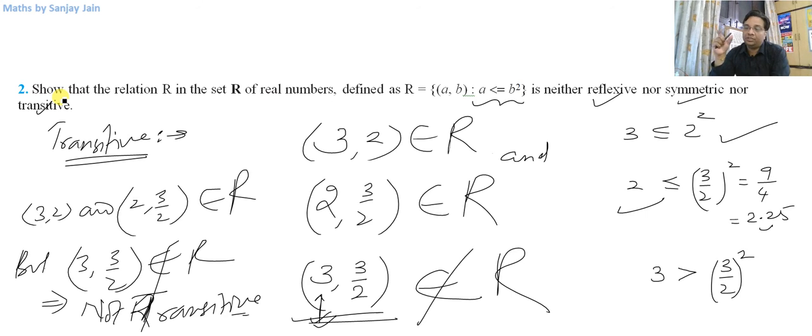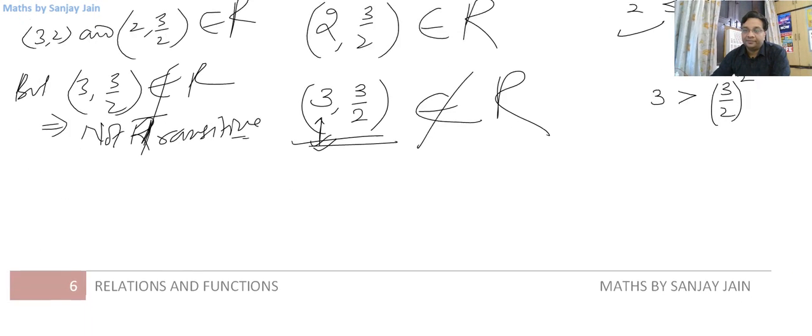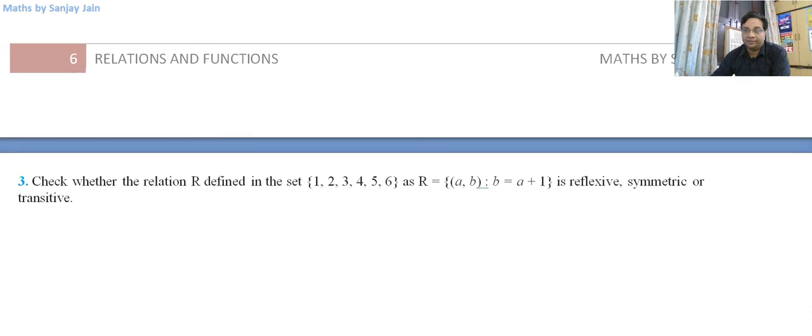So intuition is very, very important in mathematics. Experience is also very, very important. By experience, I mean the number of questions you solve on a particular topic. So as time permits, you should try to solve as many questions on a particular topic as you can.